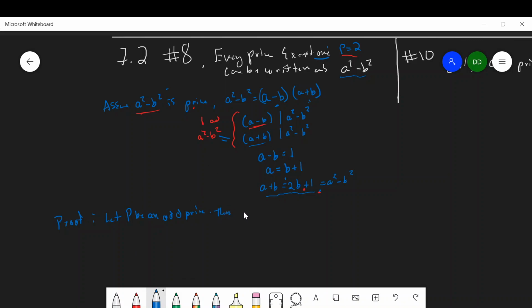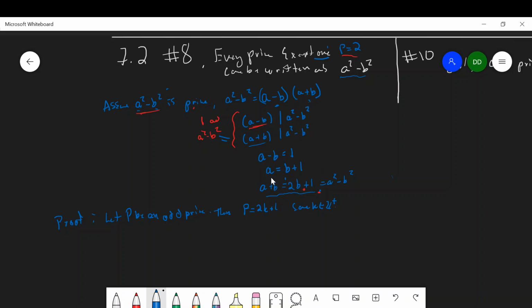Then, since it's odd, I can write p equals 2k plus 1 for some k in the integers. And in fact, non-negative integers, we could say positive integers, something like that. That's fine. And then p equals 2k plus 1. So in order for me to prove this, I need to show that I can write p as a squared minus b squared, which I know looks like a minus b times a plus b.